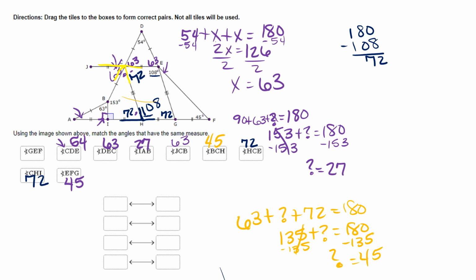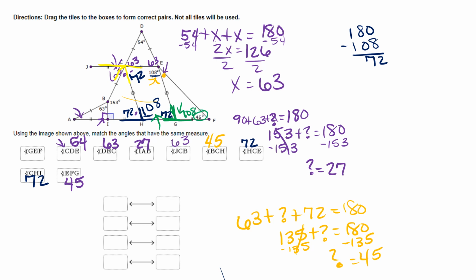And last but not least, we need this one right here. Okay, we know that if this is 108, let's see, and this one, oh, we can't figure it out with this 108 here, but we can look at this one. You know that this is 72 right here. So this is a linear pair with it, and we've already found that that measure is 108.